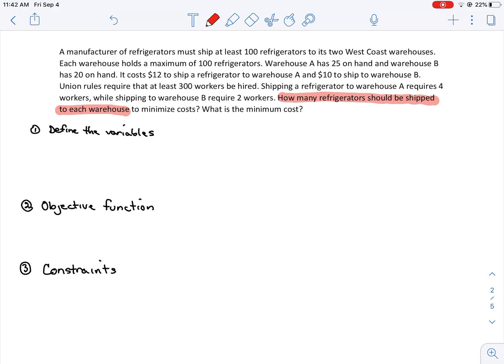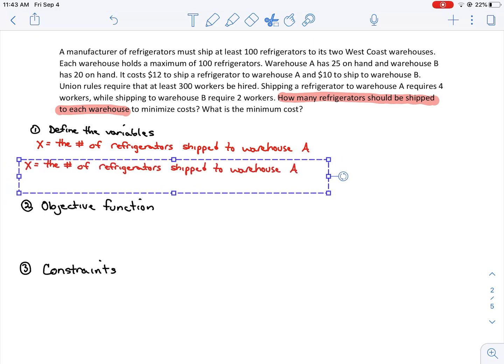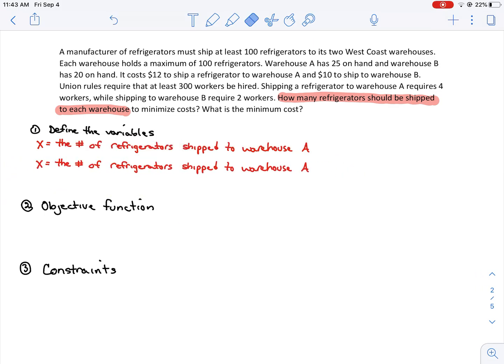So I'm going to let X equal the number of refrigerators shipped to warehouse A. And then I'm going to let Y equal the number of refrigerators shipped to warehouse B.